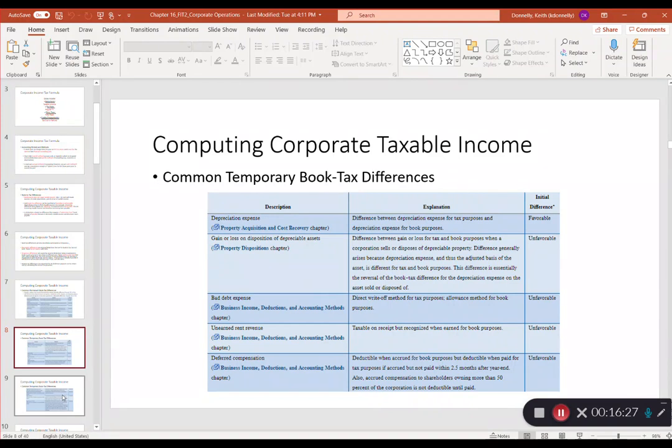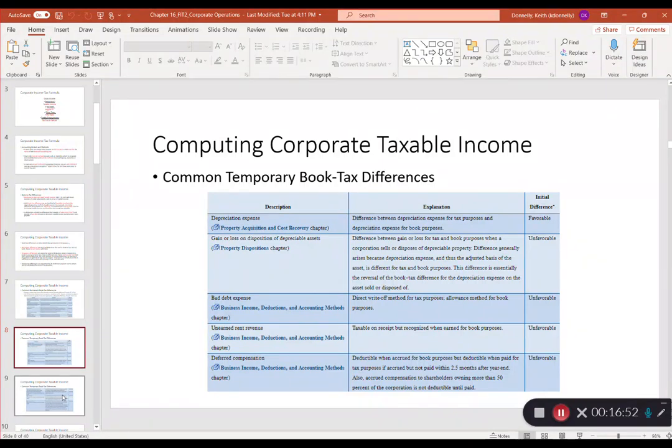Where I'm going with this is if you sell that asset, at any given point in time, maybe in year 3, because you have different bases, one for your book and one for your tax return, you're going to have a different gain or loss on the sale of that item. Other items here, bad debt expense. So for tax purposes, you have to use the direct write-off method.